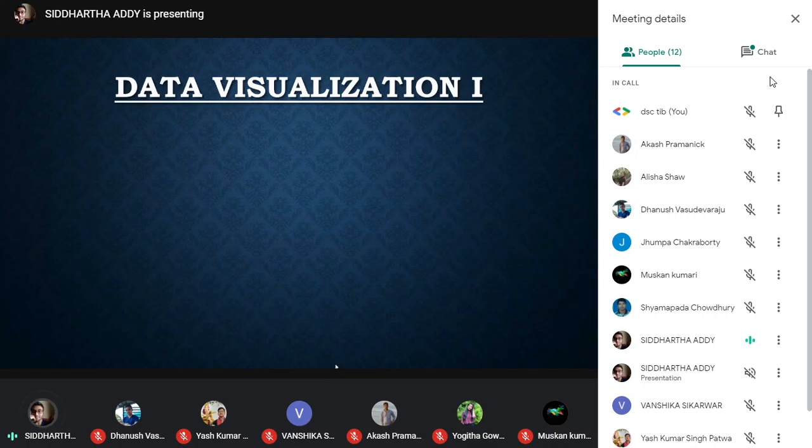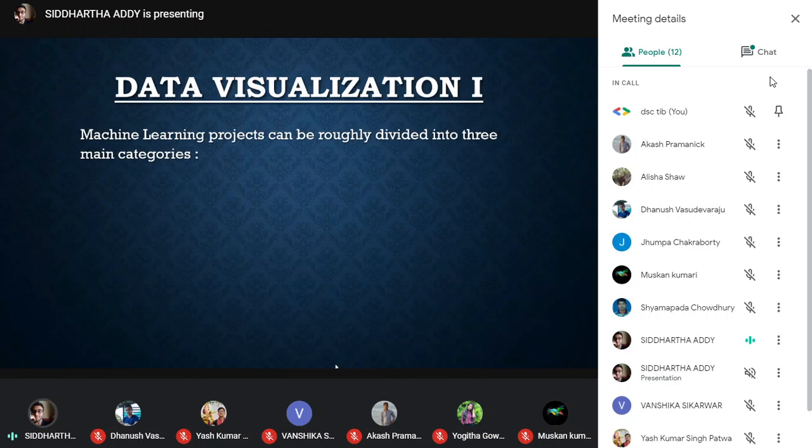Data visualization one. Machine learning projects can roughly be divided into three main categories. Whenever we are doing a machine learning project or any kind of machine learning problem statement, that problem statement can be roughly divided into three parts. This is very necessary to understand because these are one of the core basics of machine learning and AI.